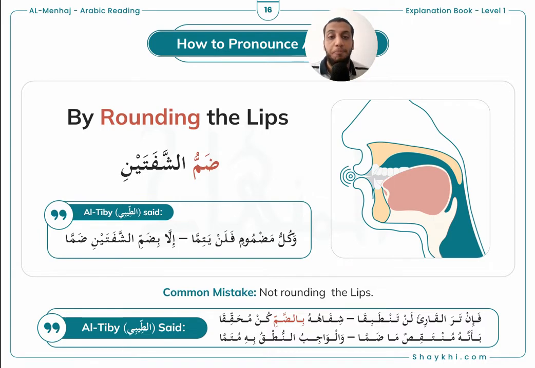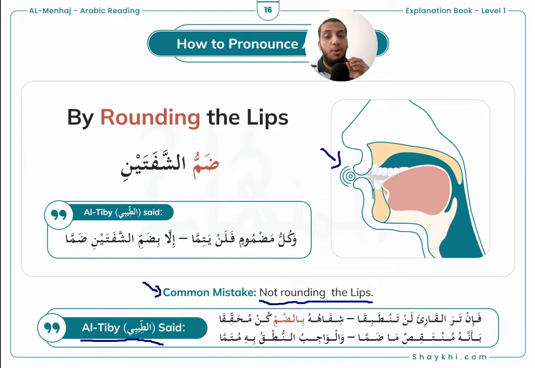So this proves the same point, which is how we pronounce الضم by circling the lips, and the same point also about the common mistake, which is not rounding the lips, because Al-Imam al-Tibi explained this common mistake.